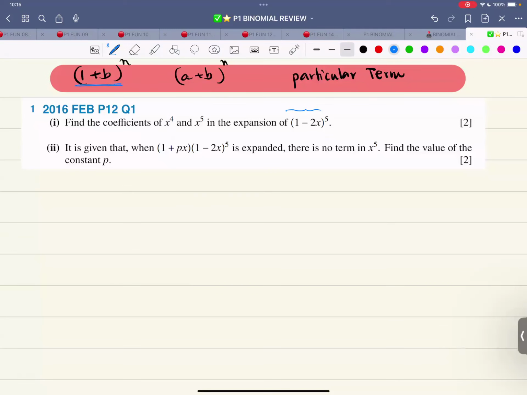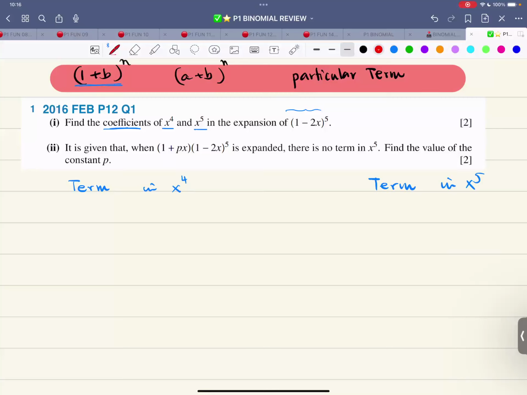They are asking for the coefficients from the perspective of power. So we need the term in x^4 and the term in x^5, and the expansion is that of (1 - 2x)^5.